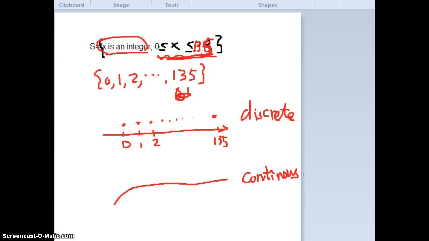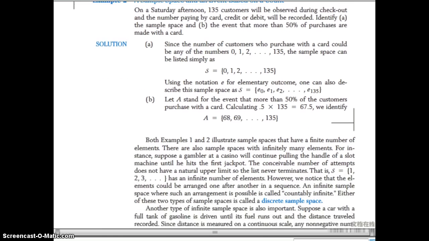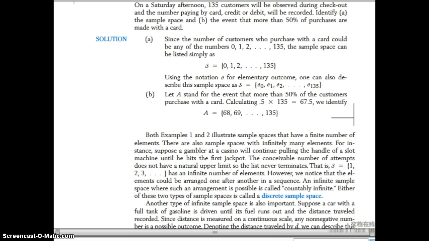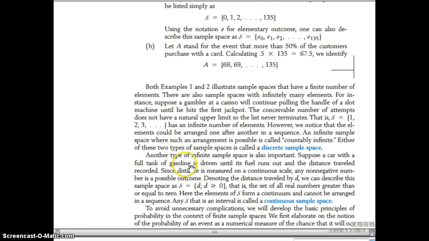So for example, if we talk about the distance we travel, say the distance you travel from now to, let's say, we measure the distance of a driving car until the fuel runs out, and we record the distance.